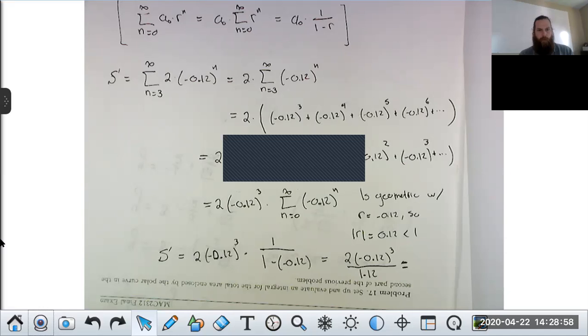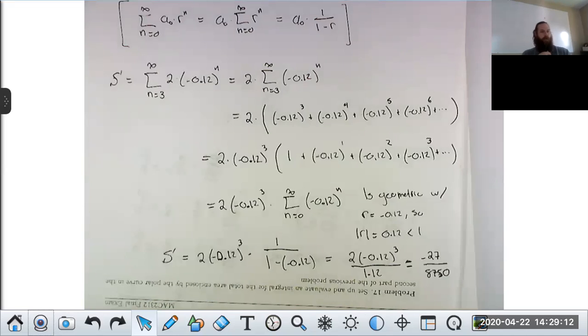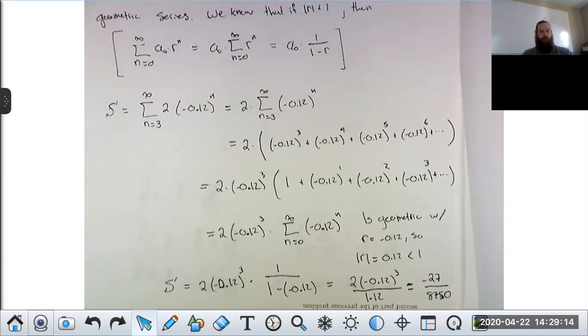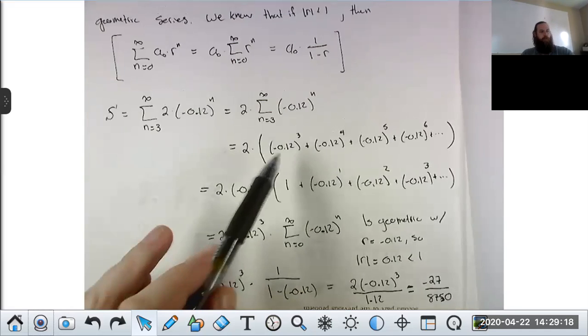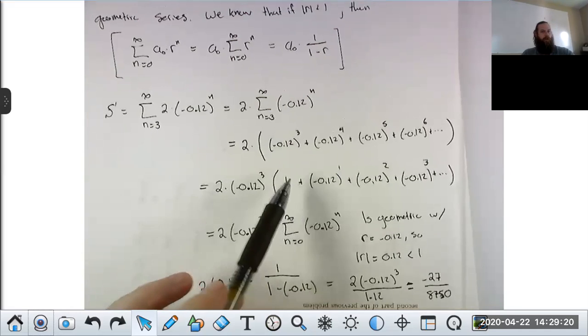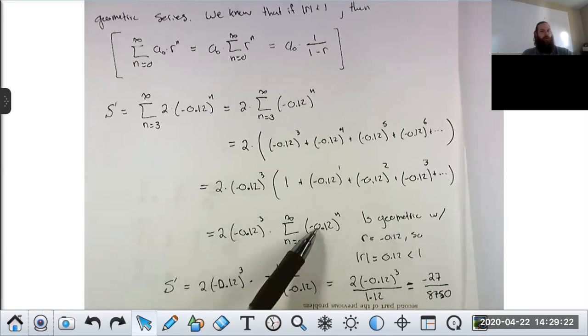It's a very small number. Negative 27 over 8750, if you clean it up and compute it as a fraction. But the big thing is this step, right? Being able to go from here to here and then from here to here, so you can use your formula.